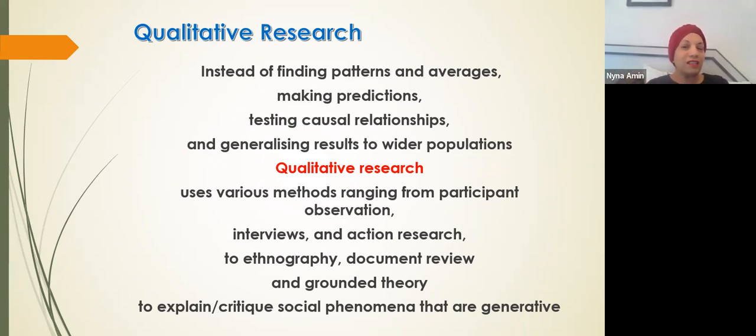So these kinds of what you would call nuisance variables in the sciences are what we call complexities in qualitative research. And complexity is something that we embrace and something that we think is absolutely necessary for deeper understanding.